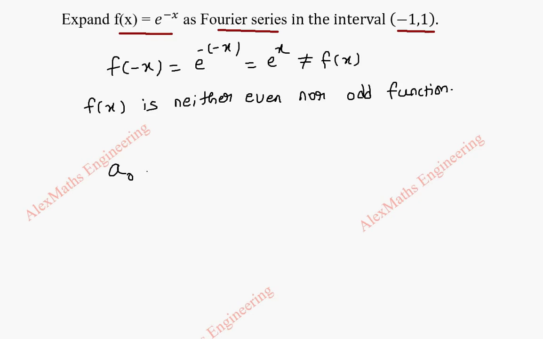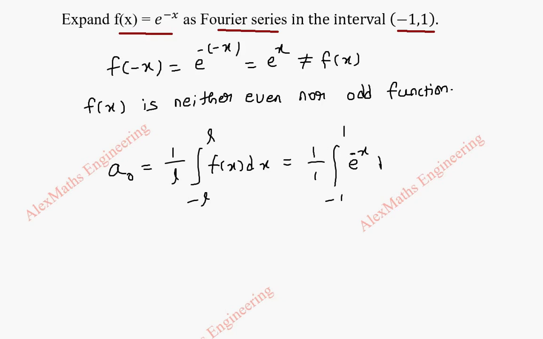A naught by formula is 1 by L integral minus L to L f of x dx. And here L is 1, so 1 by 1 integral minus 1 to 1, f of x is e power minus x dx. Integration of e power minus x is e power minus x by minus 1, with the limit from minus 1 to 1.